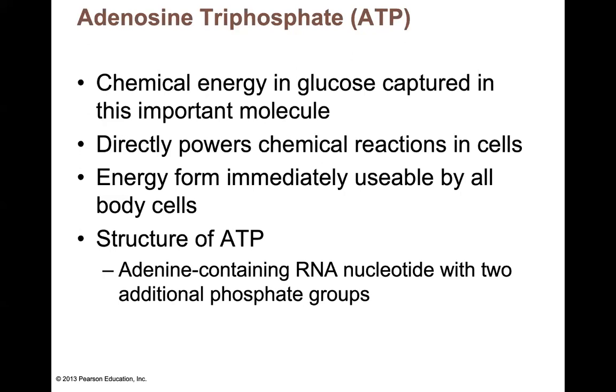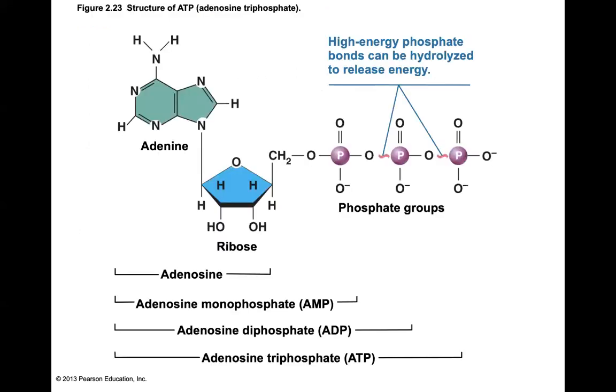The structure of ATP is an adenine-containing RNA nucleotide with 2 additional phosphate groups. So here you can see the adenine, ribose sugar, and then we have 3 phosphates bonded together in ATP. The energy formed by this bond between 2 phosphates is where all the energy is. It's not actually the molecule, it's the bond between the phosphates.